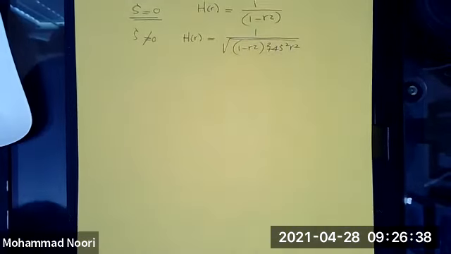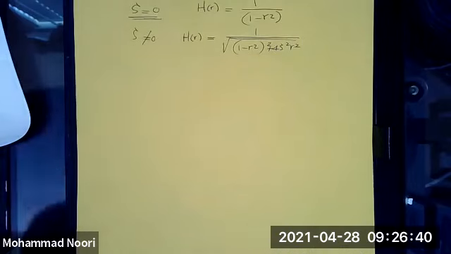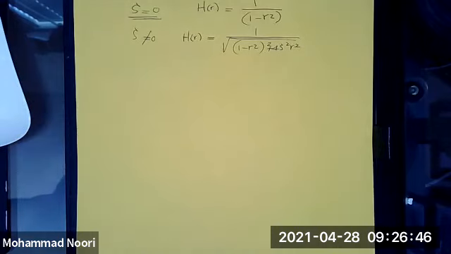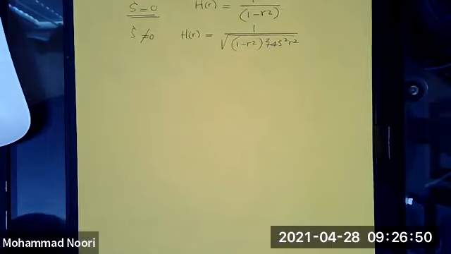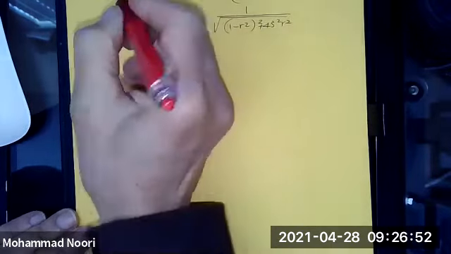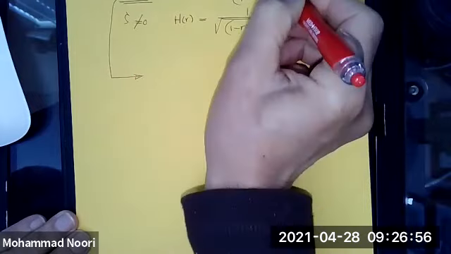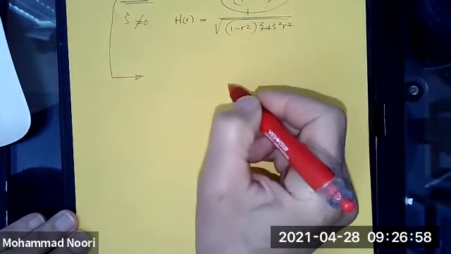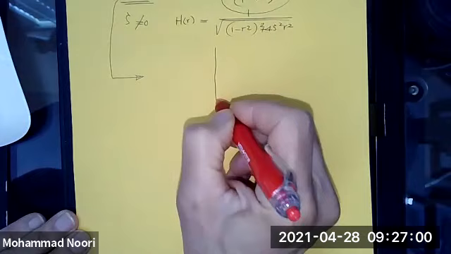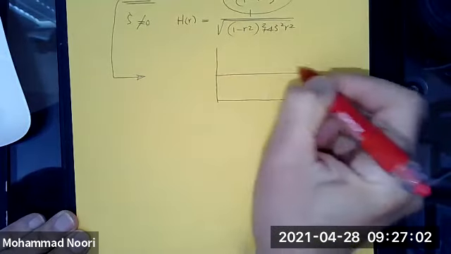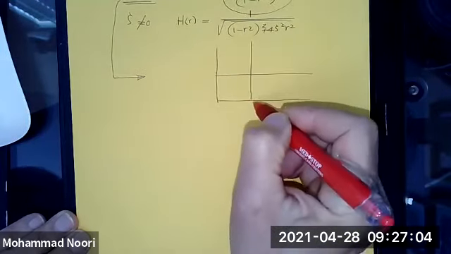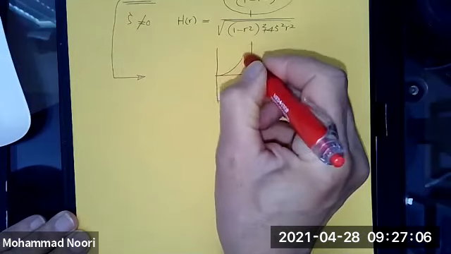So now let's take a close look at this. In the case of undamped systems, we plotted this function, and this is how it looked, right? Damping was 0.